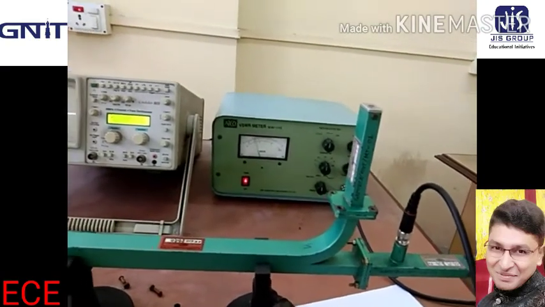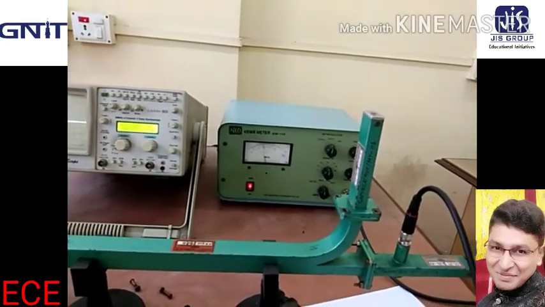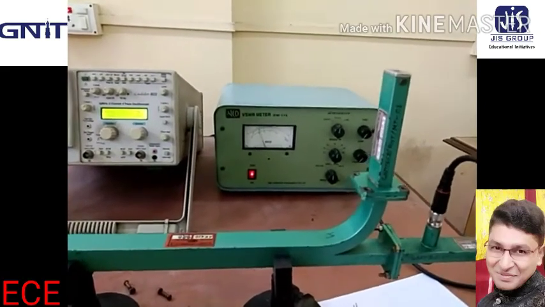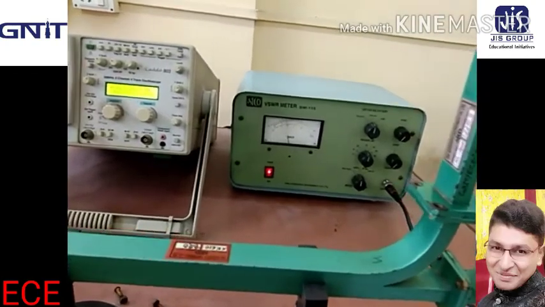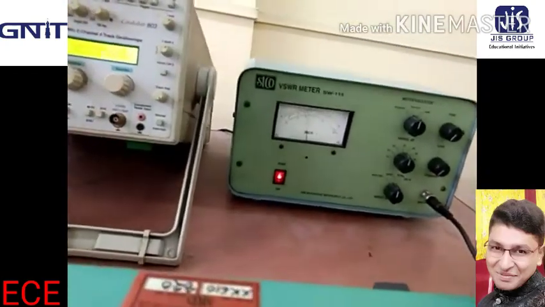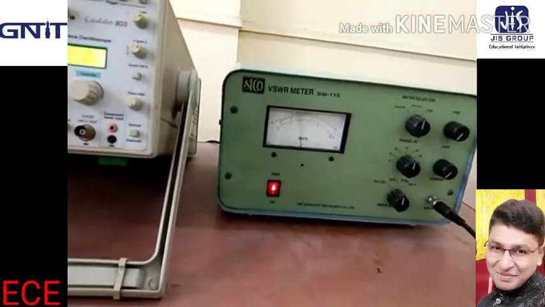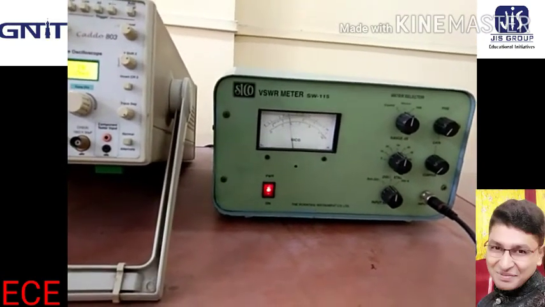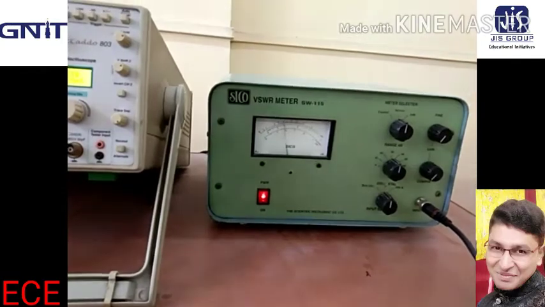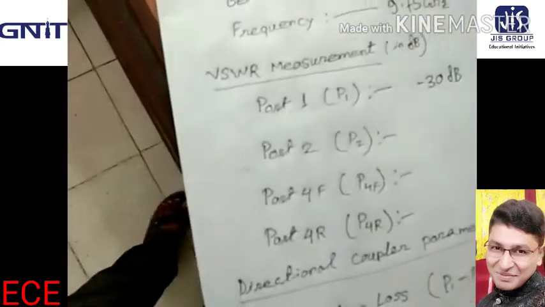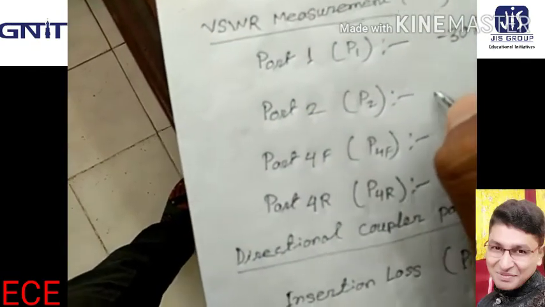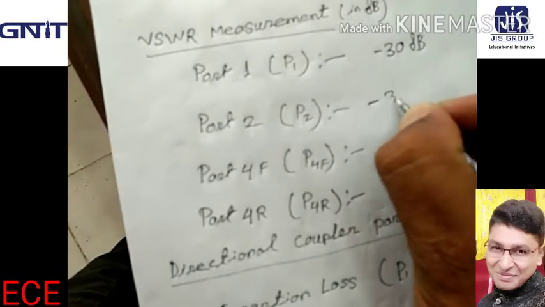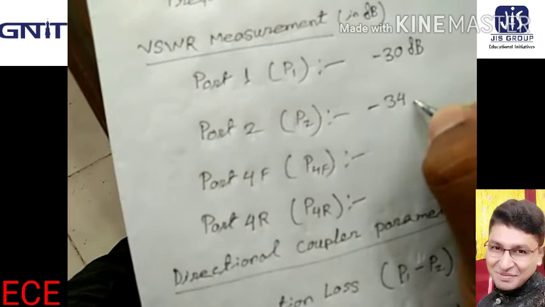Then the value of VSWR, P2, is 30 plus 4, 34 dB. P2 is minus 34 dB.